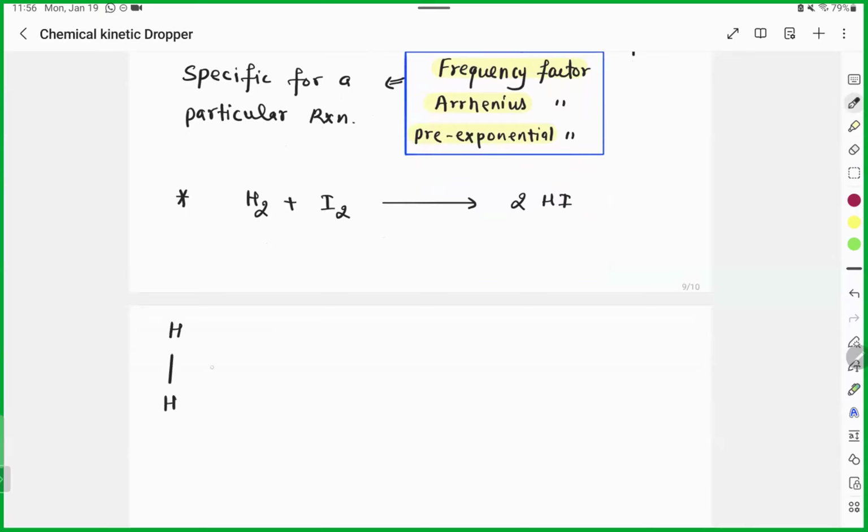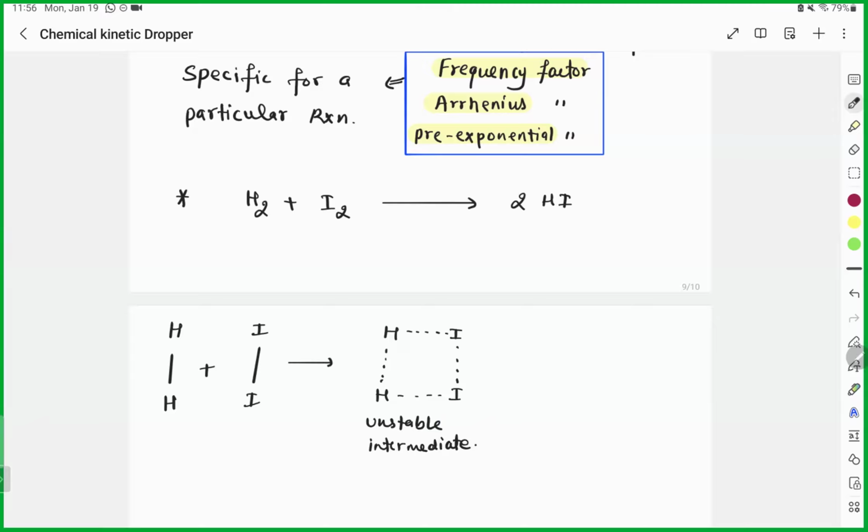For example, you have hydrogen, hydrogen. When it reacts with iodine, iodine, what will happen? The hydrogen bond breakdown will start, and iodine bond formation will occur. According to Arrhenius, this unstable complex formation is compulsory when hydrogen and iodine react with each other.